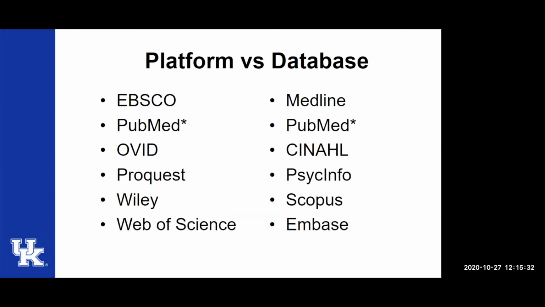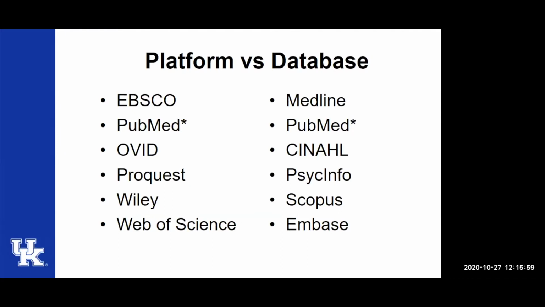So for example, Medline is a database that is included in the platforms EBSCO, PubMed, Ovid, and ProQuest. So you can have a database inside of a platform, and you can have multiple platforms that have the same database. PubMed I have with an asterisk because PubMed is a platform for Medline.